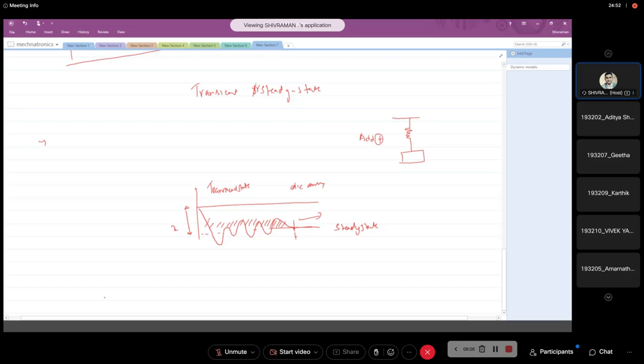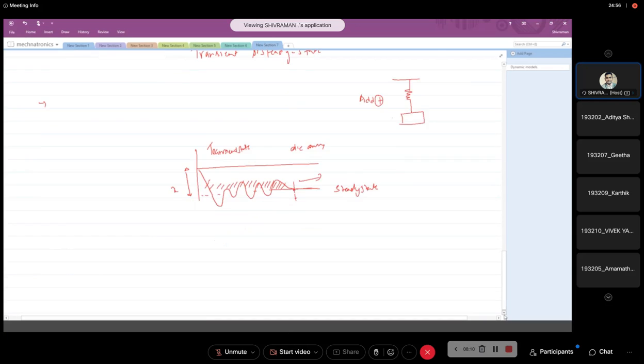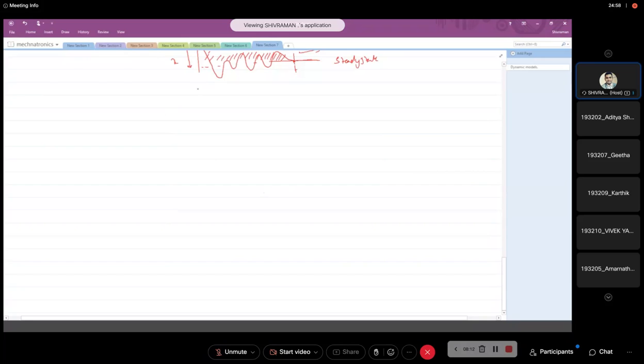Okay, next come the inputs. So the first input is your step input. In a step input, the input will remain constant for the rest of the time after it is added.